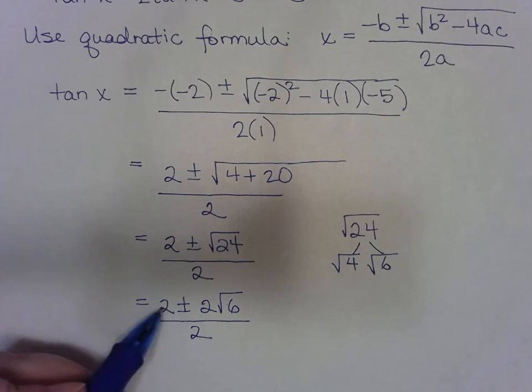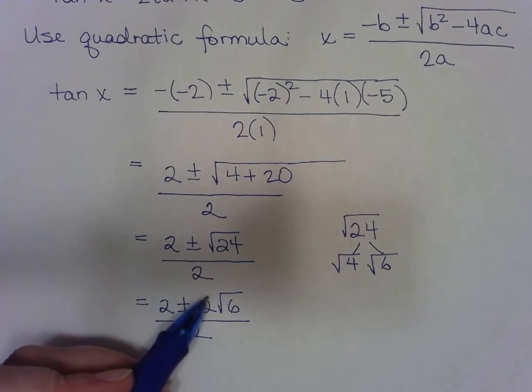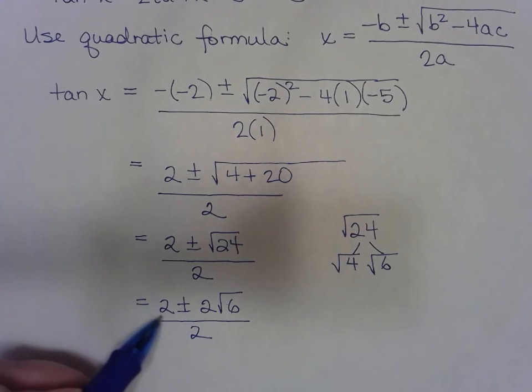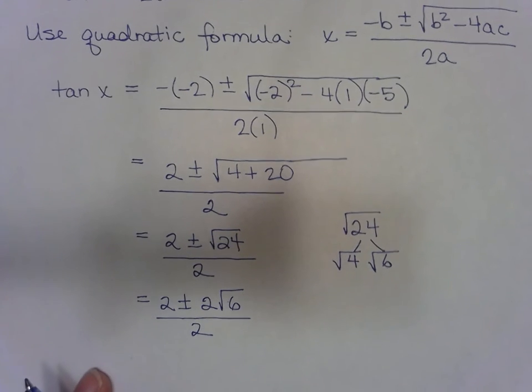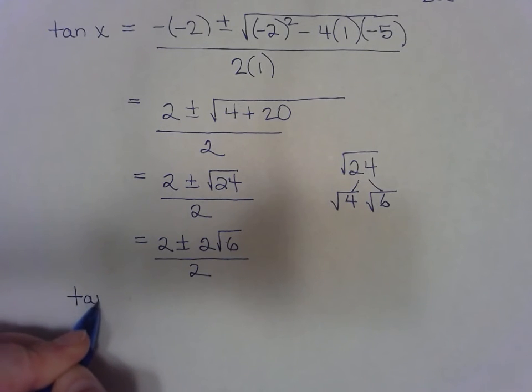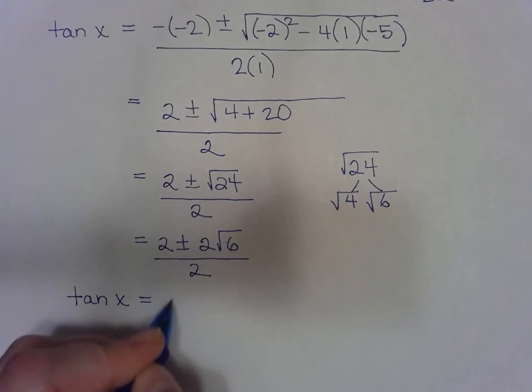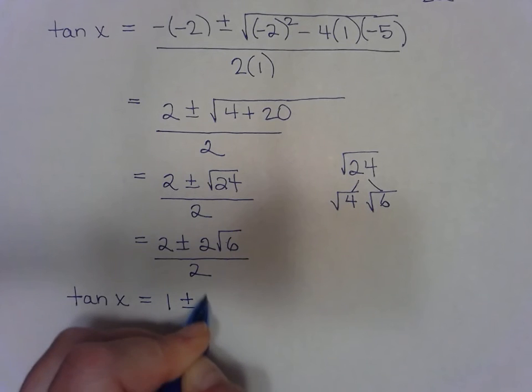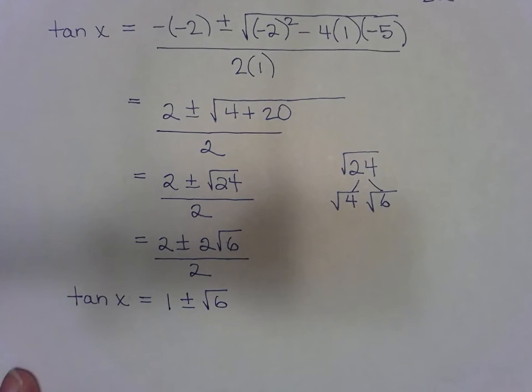And both parts get divided by 2. Anything outside the radical and anything in front of the plus or minus, both of them. So now I'm going to have tangent of x is 1 plus or minus the square root of 6.